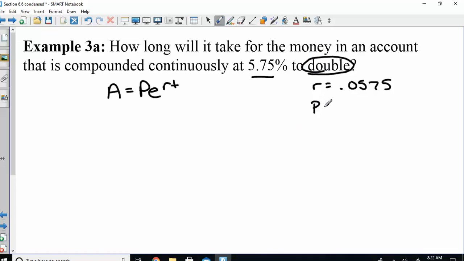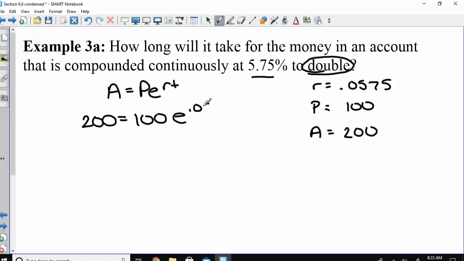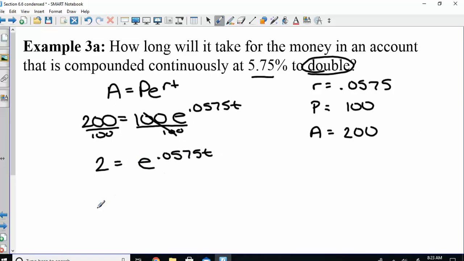That's really all I gave you, except that I want it to double. So I did not tell you your p and your a, but we could make up some nice easy ones. Give me a value for p. 100. So if I want it to double, what would my a be? 200. Alright, so if we plug in, 200 equals 100 e to the 0.0575 t. Divide our 100 over. Then we need to take the natural log.